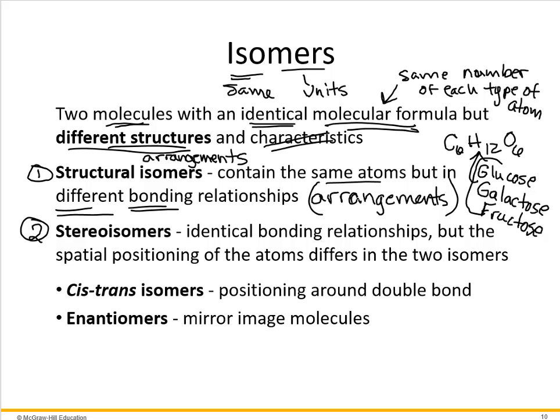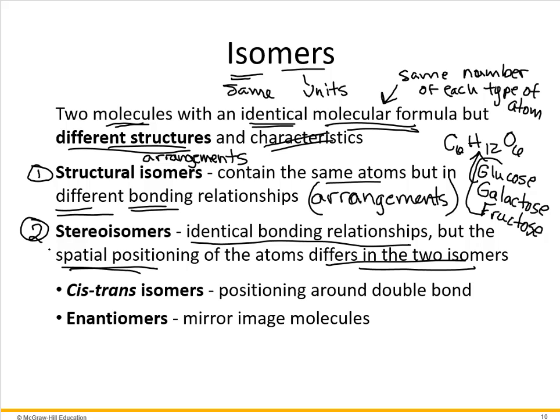Stereoisomers have identical bonding patterns, but their spatial positioning differs in the 2 isomers. You have to remember that carbon has 4 bonds, and sometimes those groups can flip and be on different sides of the carbon.